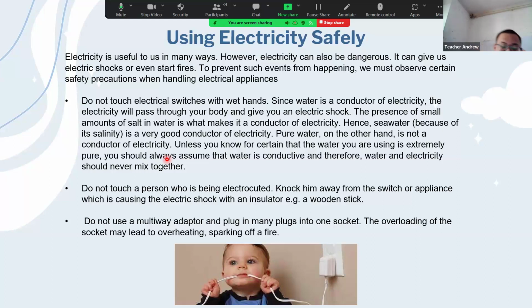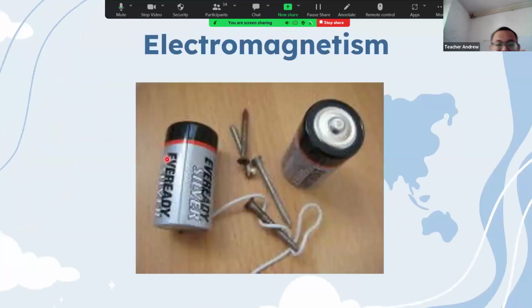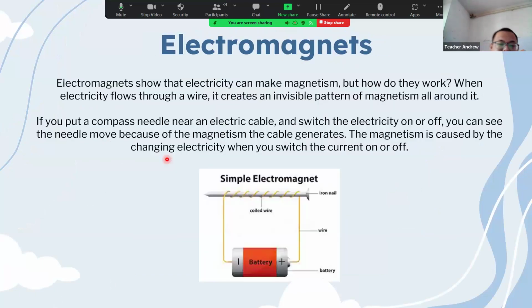All right. So after going through conductors, insulators, and safety, let's look at electromagnetism. So what is electromagnetism? By its name, it means that we are using electricity to create a magnet. So how is it possible?